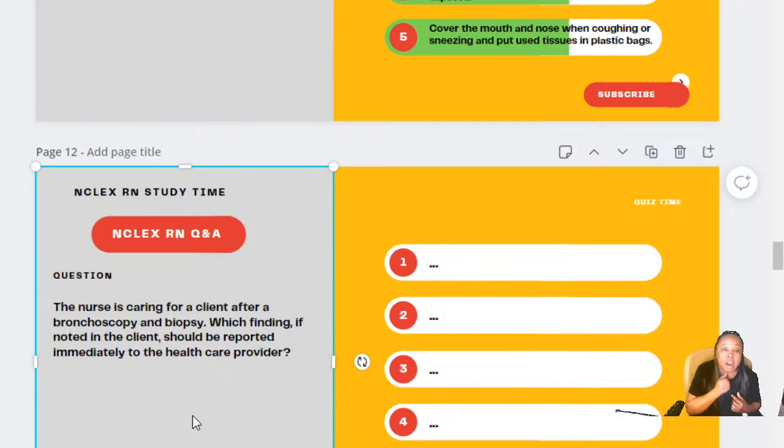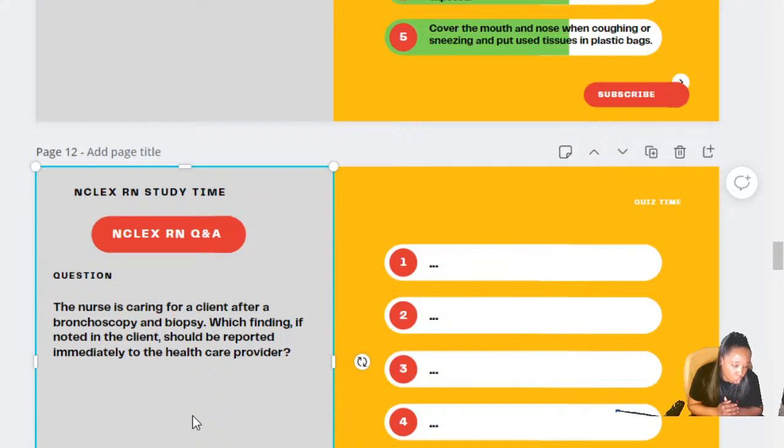Bronchoscopy, you go through the mouth, to the upper airway, and then they're going down. They will do a biopsy. They will take a piece of skin down there, and then they will send it to the lab to see if there is any sign of any kind of disease in the lung.